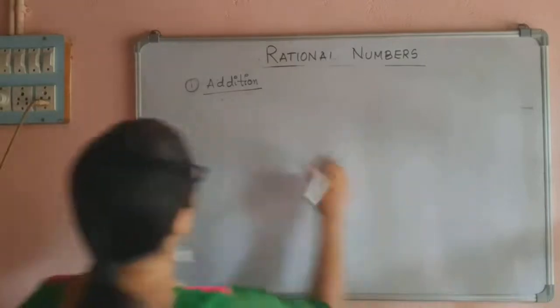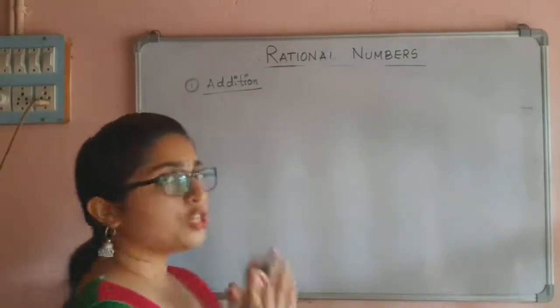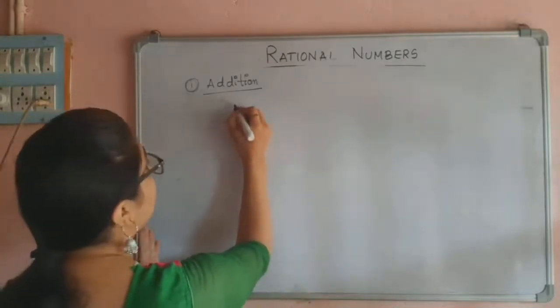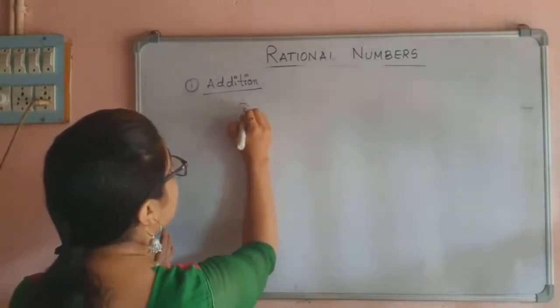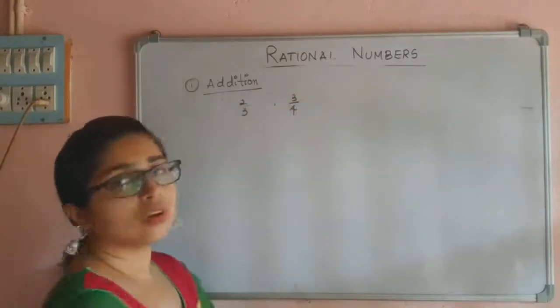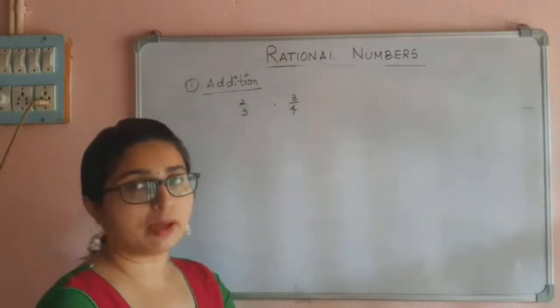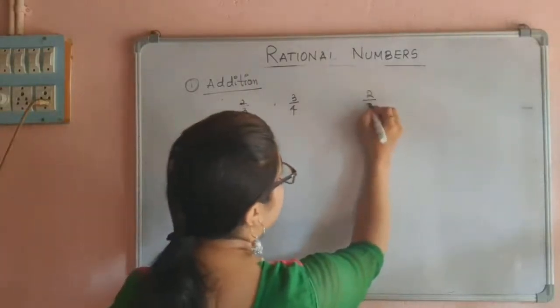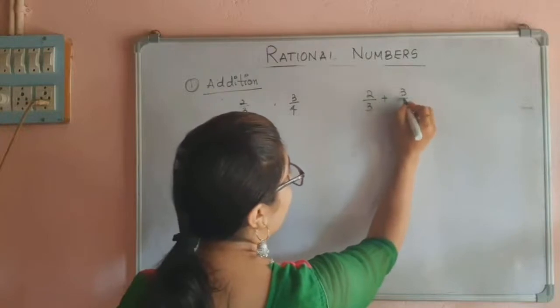So here, let us see addition of two rational numbers. Now I will take one number as 2 by 3 and another number as 3 by 4, and let us add this: 2 by 3 plus 3 by 4.